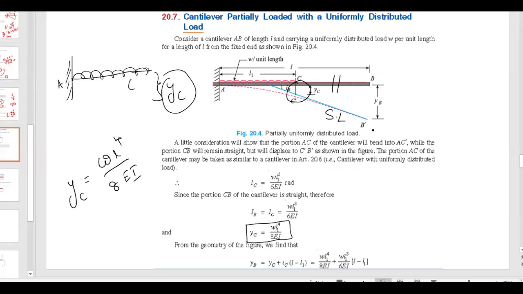Therefore, the slope at C and the slope at B are equal, since a straight line will have equal slopes at any points. Therefore, theta B and theta C will be equal.